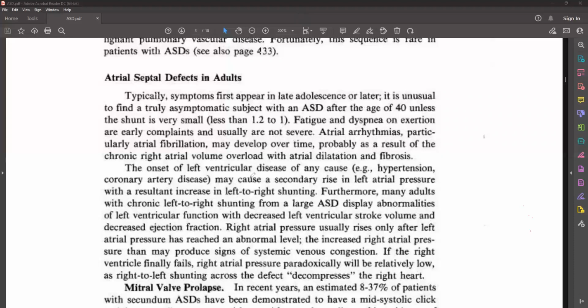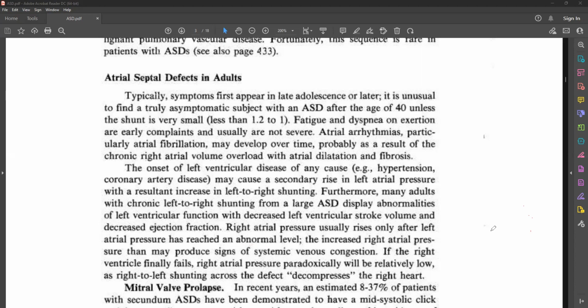Here two things are mentioned: one is hypertension, another is coronary artery disease. This can actually increase the left to right shunting. Okay, so this is something you need to really remember. And right atrial pressure rises only after the left atrial pressure has reached a really abnormal level. So it takes time. Initially the left atrial pressure keeps on going up, and then you may get the additional changes.